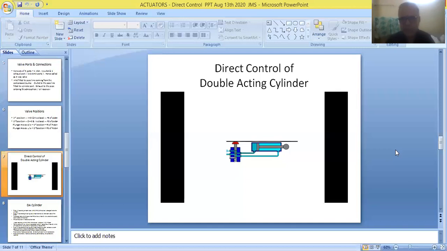So friends, as I've already told you, if these items are used in hydraulic circuit, this is called a hydraulic DC valve, and this will be called a hydraulic cylinder. The same items, if they are used in pneumatic circuits, this will be called a pneumatic DC valve, and this item will be called a pneumatic cylinder.